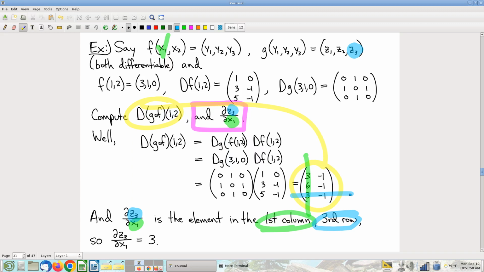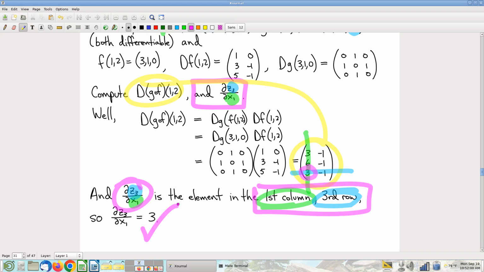Altogether, this particular partial is the element in first column, third row, which therefore is 3. What do you think? Cool.